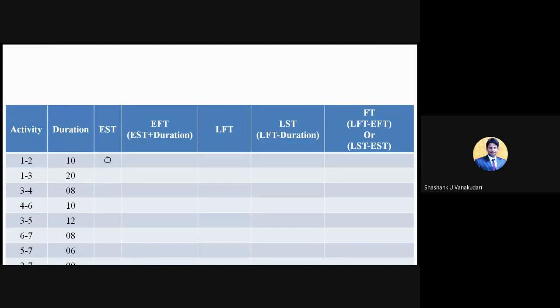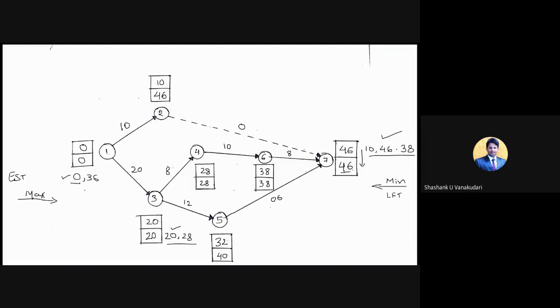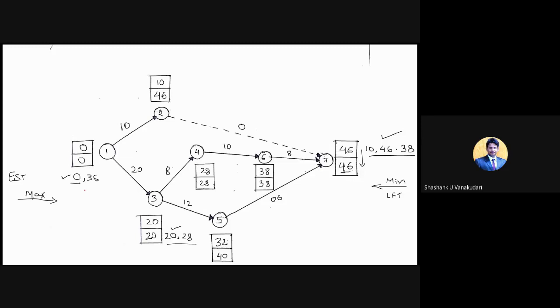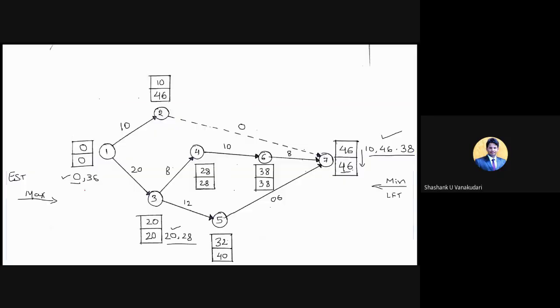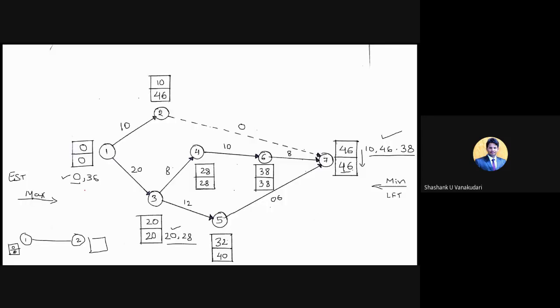And for 1 to 3, from this diagram, what is the EST value for 1 to 3? 0. Someone said 20. So make sure you consider this path, that is 1 to 2. This is 1, this is 2, and you got box values here, that is 0, 0. Sorry, this is 1 2 3, right?